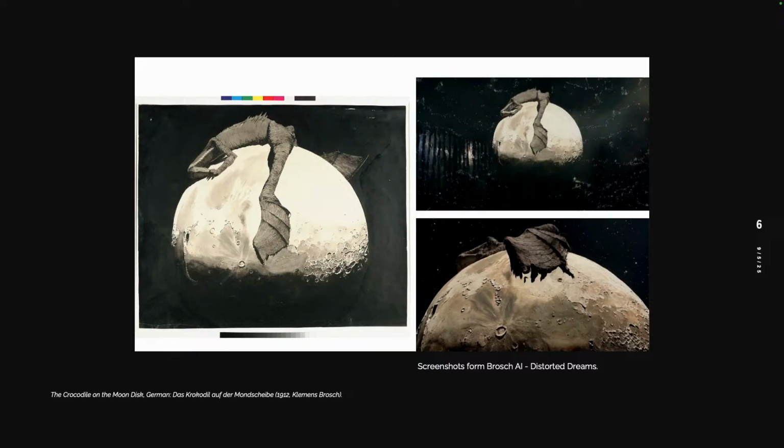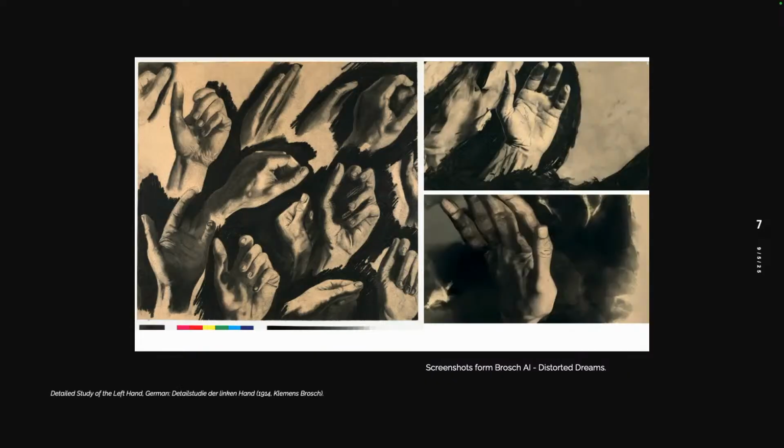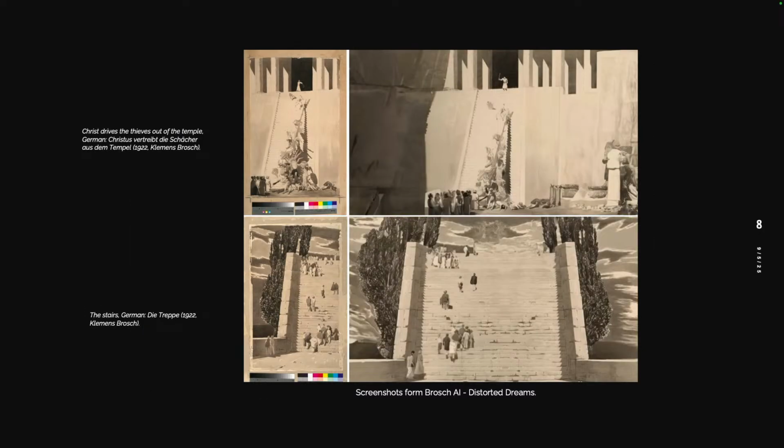And in a detailed study of the left hand, the fingers started morphing in odd ways, sometimes even disappearing completely. By contrast, when it came to landscape and architecture, the results worked much more smoothly. There we could simply use camera moves like pans and zooms, and the AI convincingly extended the depth of the image.